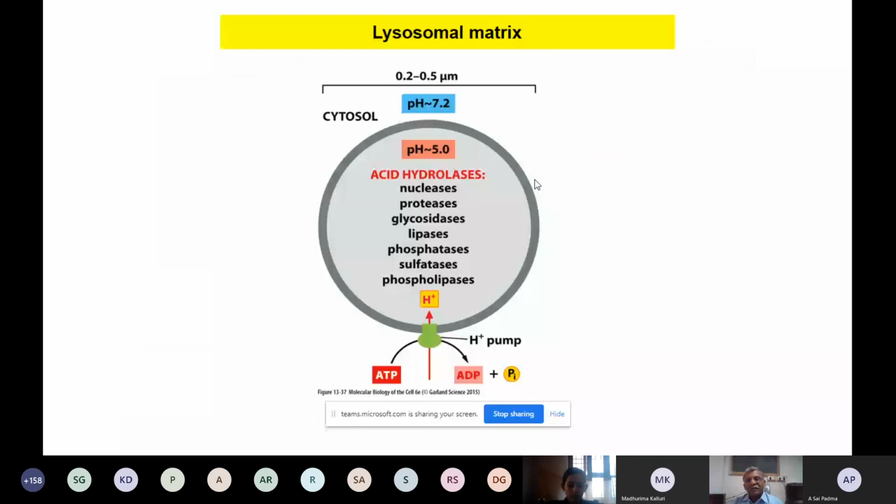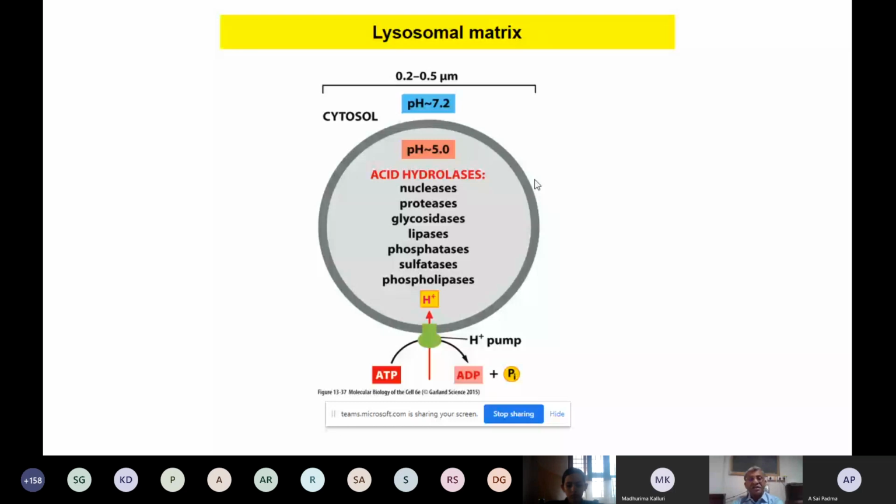Coming to the lysosomes, lysosomes are acidic organelles that are present in eukaryotic cells. They host a large number of glycoprotein enzymes called acid hydrolases, and these represent nucleases, proteases, glycosidases, lipases, phosphatases, sulfatases, and phospholipases.